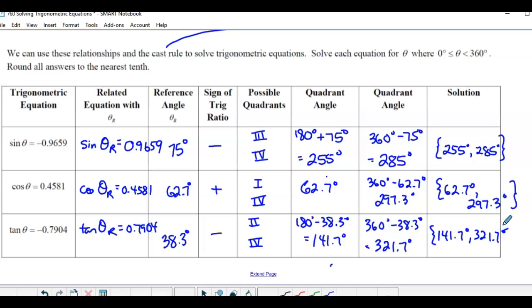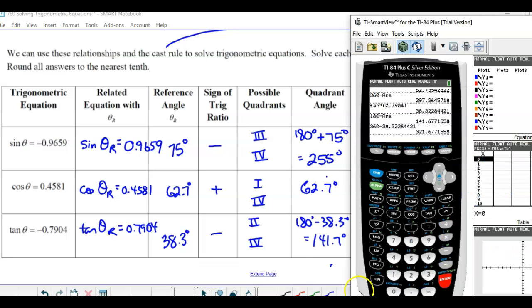Okay. If you didn't do it this method, you'll get one of the angles for sure in your calculator. So if I did second tan of negative 0.7904, I get a negative 38.3.